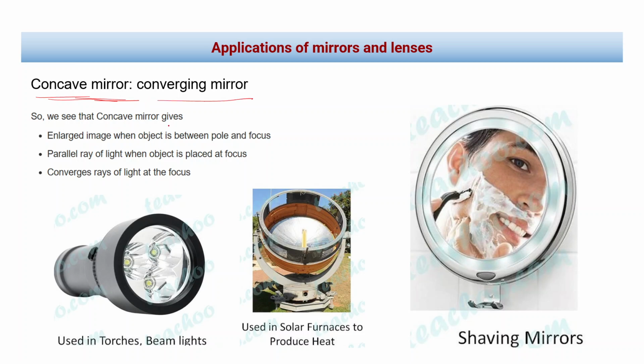A concave mirror gives us an enlarged image when the object is between the pole and focus. When the object is at a distance of less than the focal length, we get an erect and enlarged image. So we use it in torches. Why? Because there is a light bulb and around it are concave mirrors, so that the light gets parallel, since the bulb is placed at the focus.